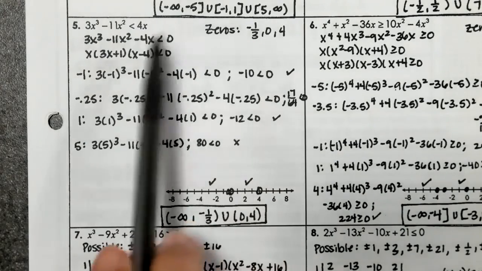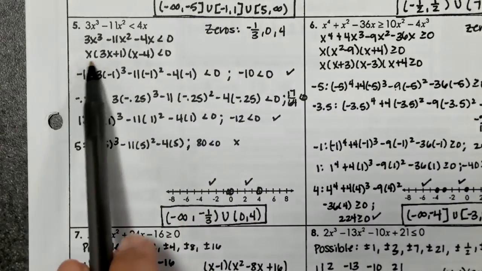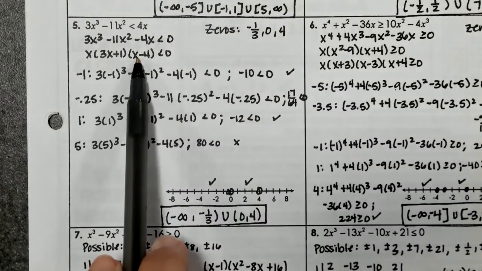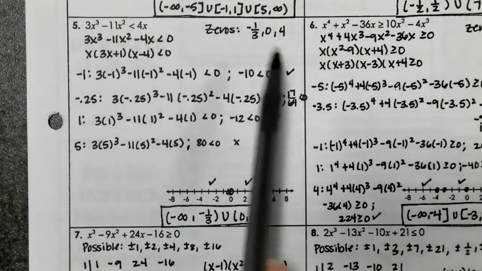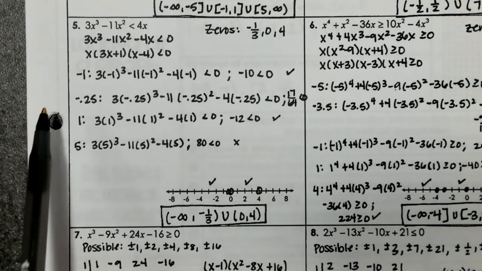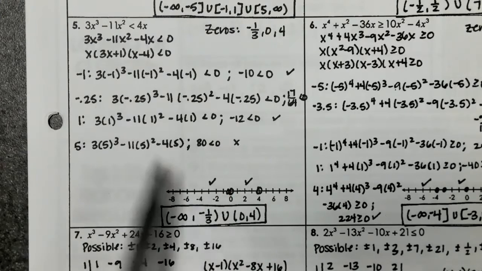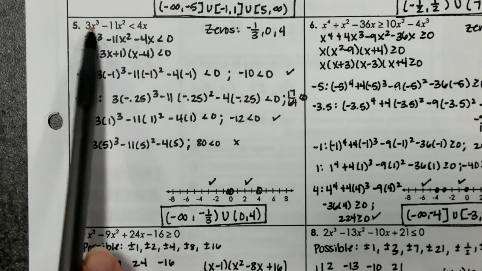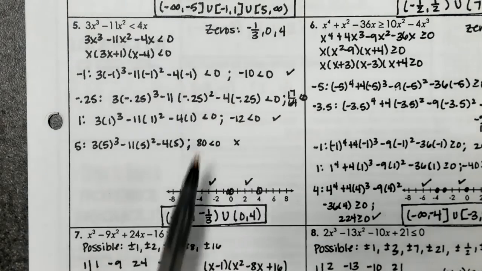So your zeros are -1/3 from here, 0 from this x, and 4 from right here. So plot these on the number line for step 3. So we have -1/3, we have 0, and we have 4. This is a good example because we do have to pick something that goes here in between these. So for the first one, for right here, use -1, plug -1 in, and that works.